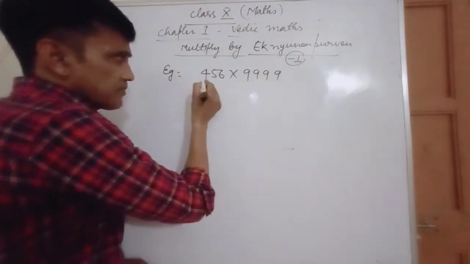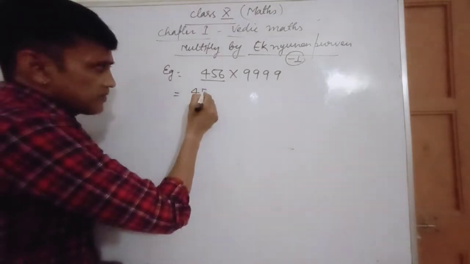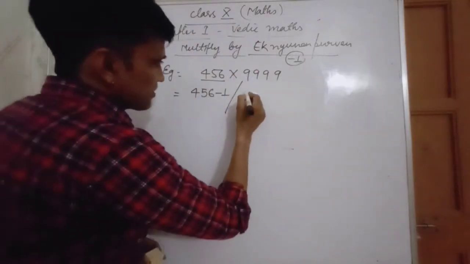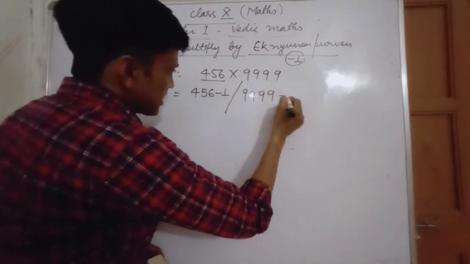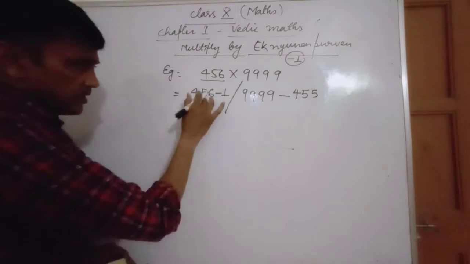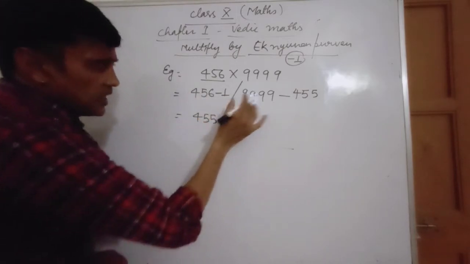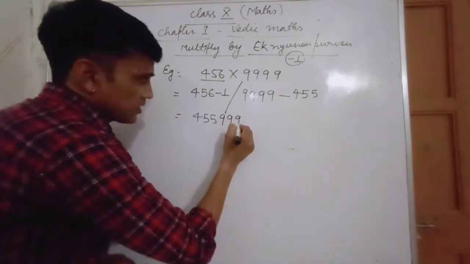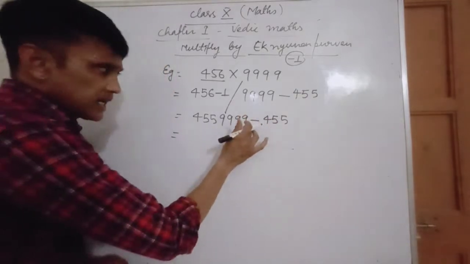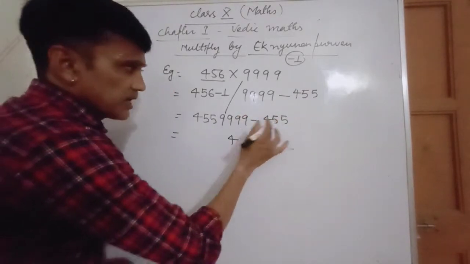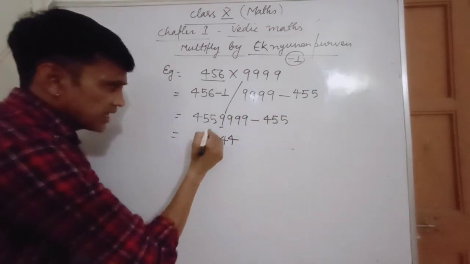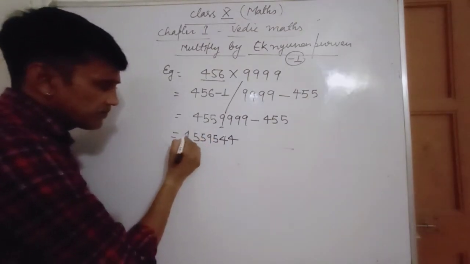See, subtract 1 from the first number, means 456 minus 1. How much remaining? 455. Subtract from the last number, 9999 minus 455. The remaining is 9544, 9 minus 4 and so on. The answer is 4559544.